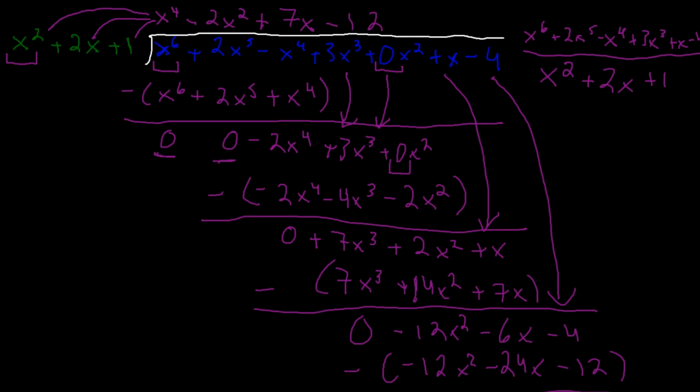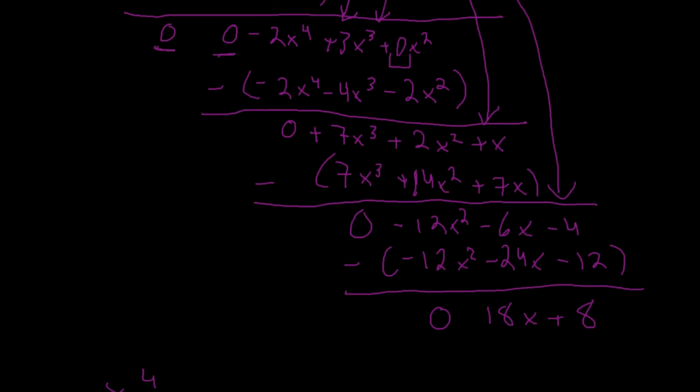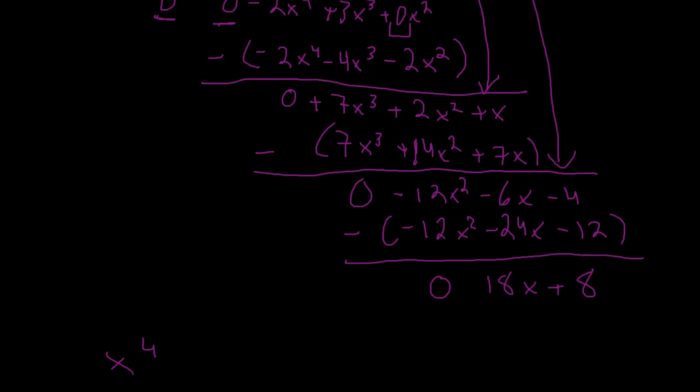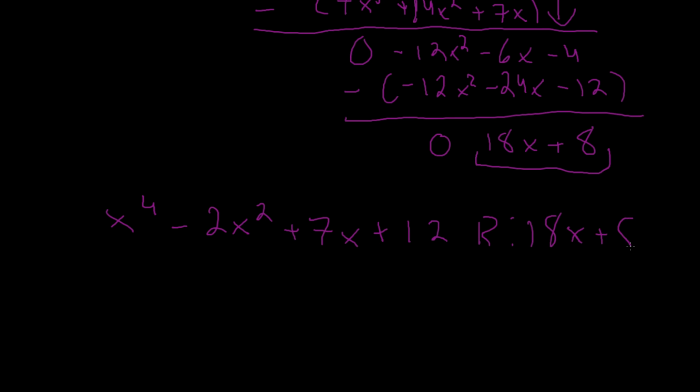So the answer to our question is x to the fourth minus 2x squared plus 7x plus 12. And then the remainder is whatever is left, and that's 18x plus 8.